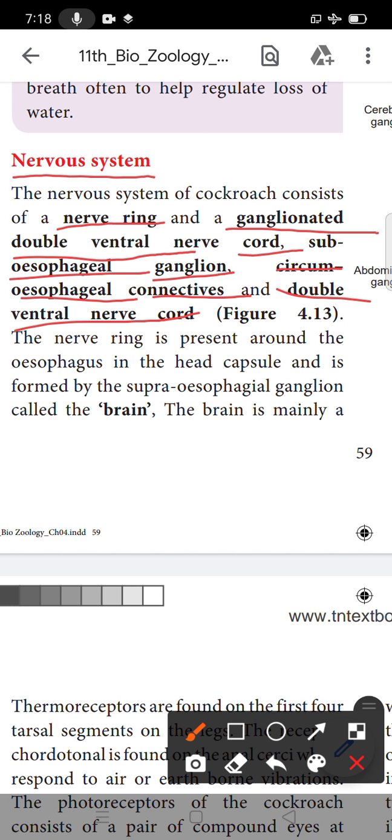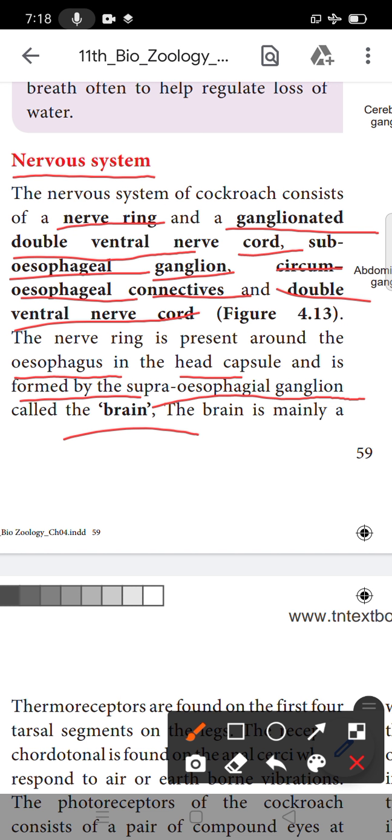The nerve ring is present around the esophagus in the head capsule and is formed by the supraesophageal ganglion, called the brain. So this is the form of the nerves.